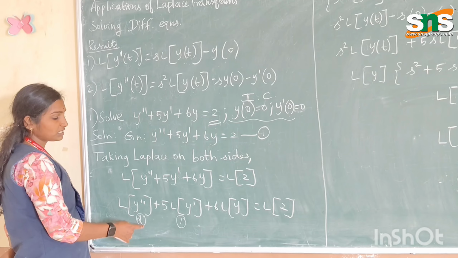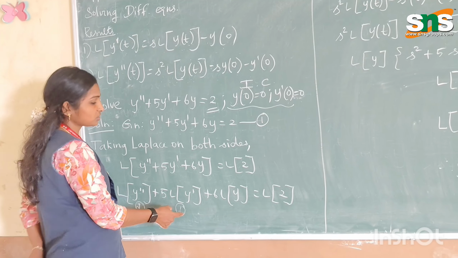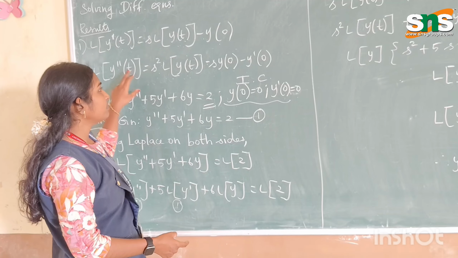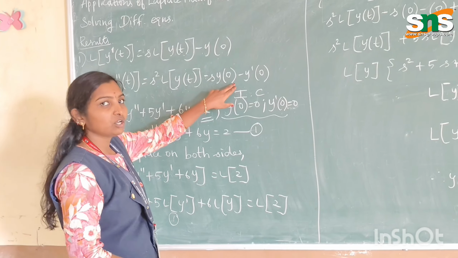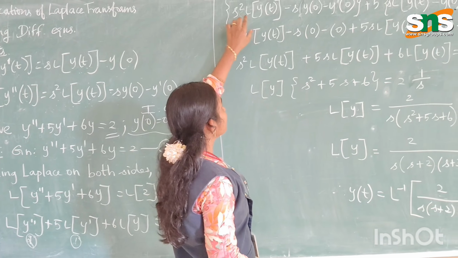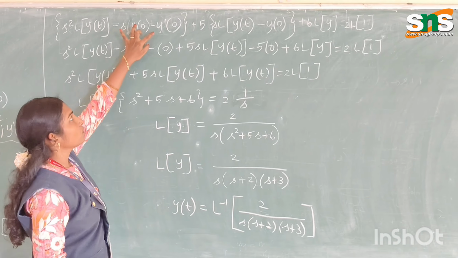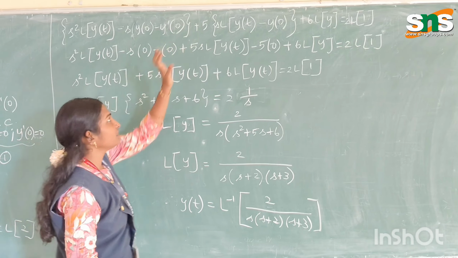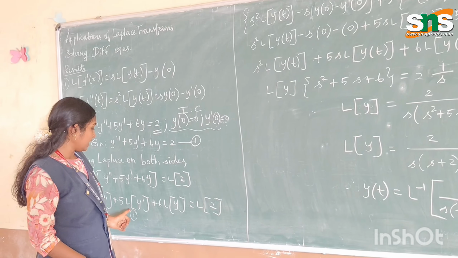You are going to substitute the results in place of L of y double dash and L of y dash. Firstly, we substitute y double dash. What is L of y double dash? It is s square into L of y minus s into y of 0 minus y dash of 0. In a similar way, plus 5 into L of y dash.